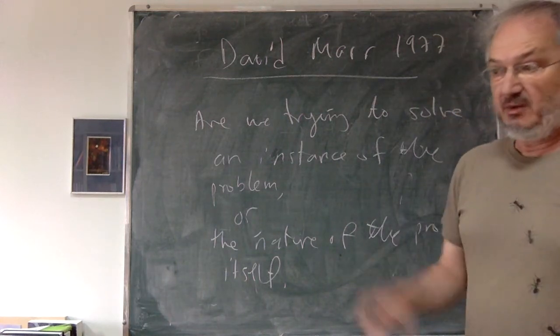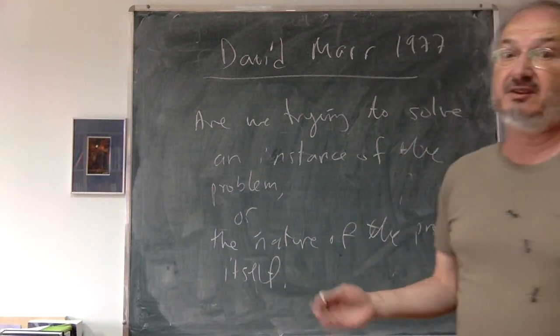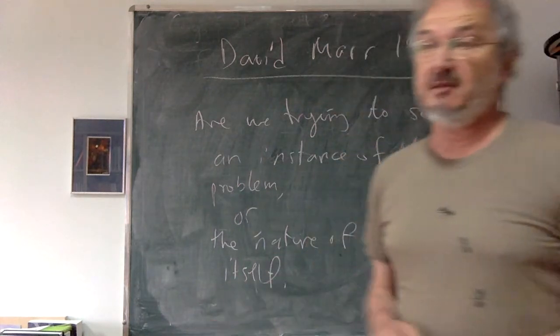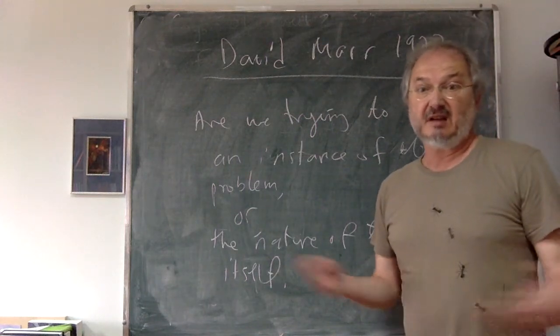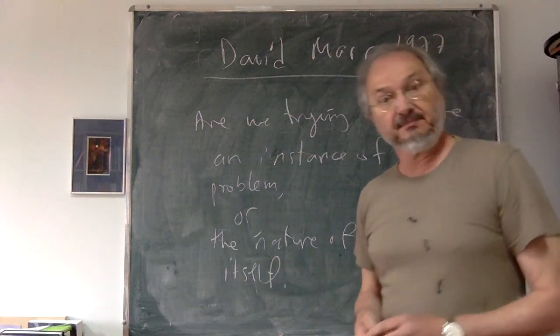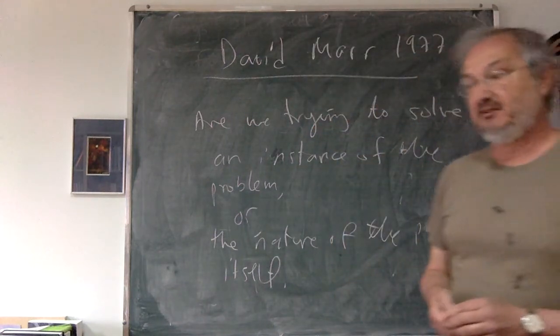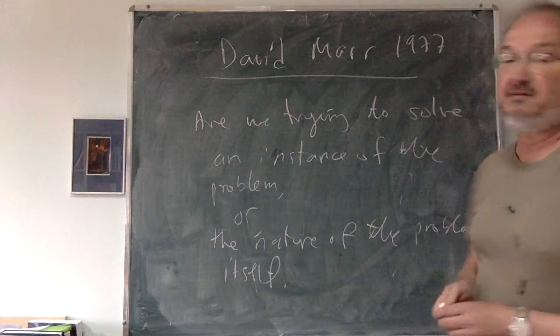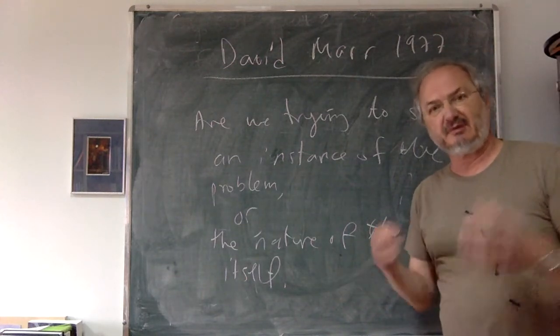In some cases, you may have a type 1 theory, and he suggested that, for instance, vision might have a type 1 theory, but he also famously suggested that maybe language doesn't have a type 1 theory. Well, 50 years onwards, I'll probably disagree with that, but that's what he said.